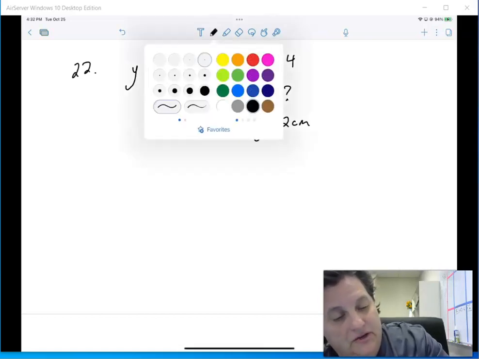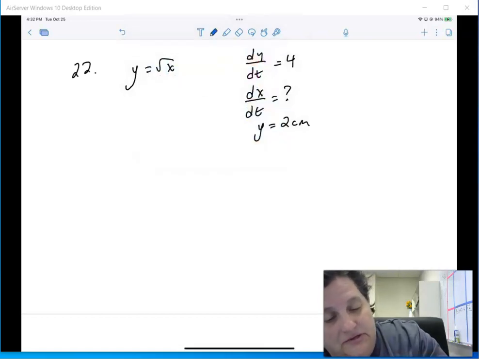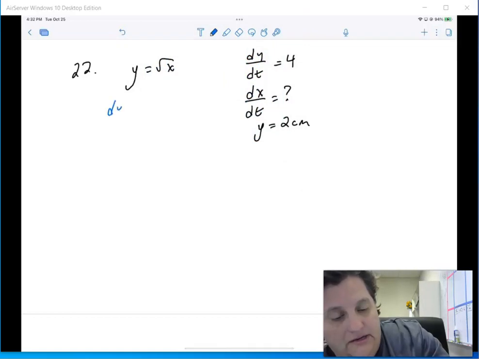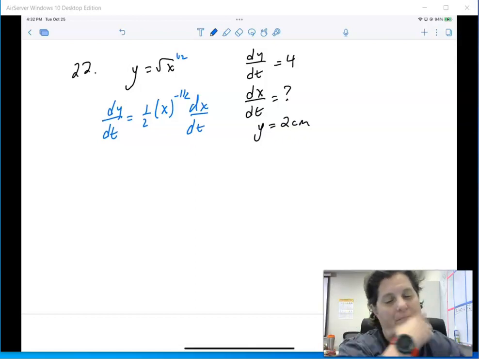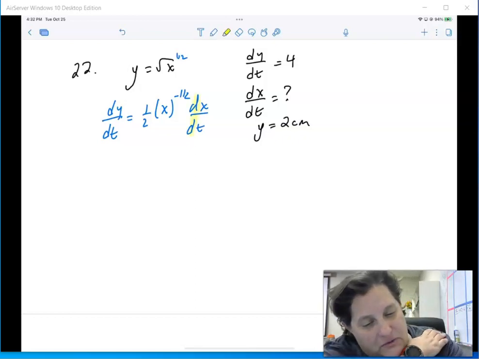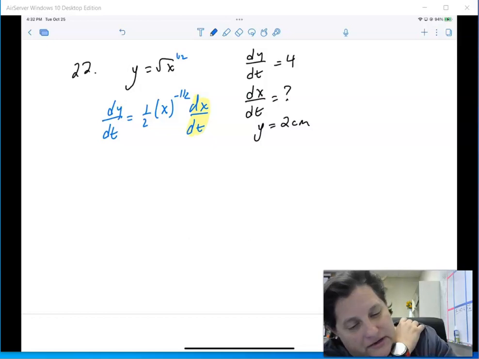Okay. We're taking the derivative of this with respect to time. So this is 1 dy dt. And then this, remember this is like 1/2. So it's 1/2 x to the -1/2 dx dt. Now, dx dt is what I'm looking for. Okay? dy dt is 4.